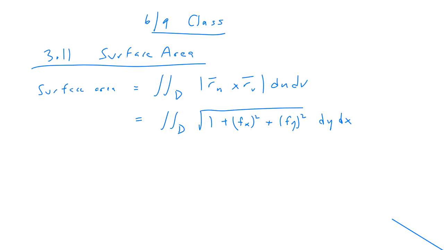So D is we're looking at a surface in 3 space over a region D. And in the first formula, we're assuming that the surface can be parameterized by the vector function r of u, v.